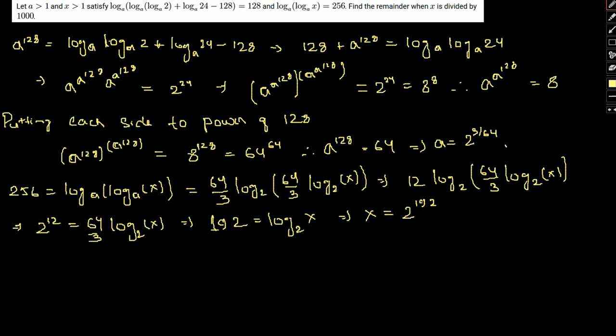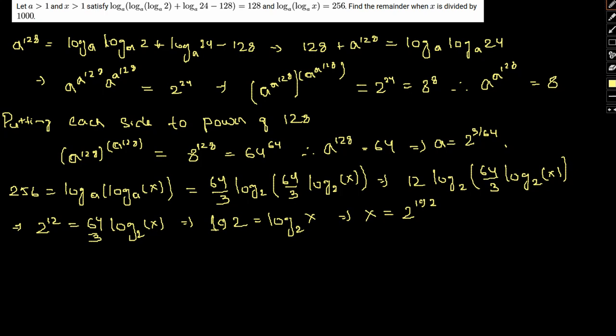x mod 1000. Okay, so to do this, the value of x here being 2 to the power 192, we note that x is 0 mod 8. So now by Chinese remainder theorem we can actually solve this particular question.